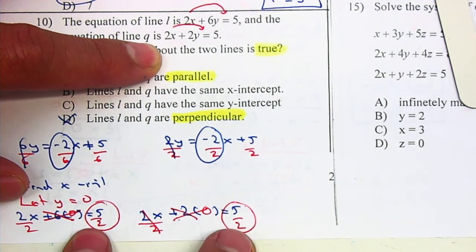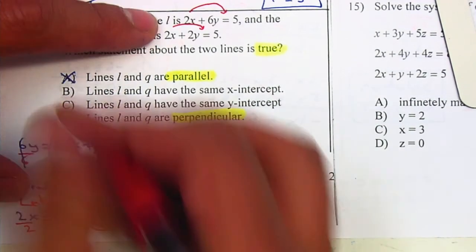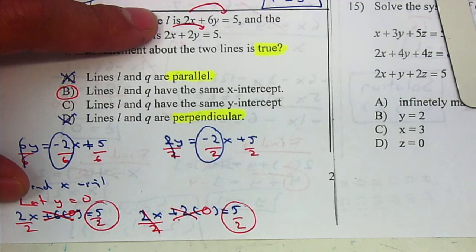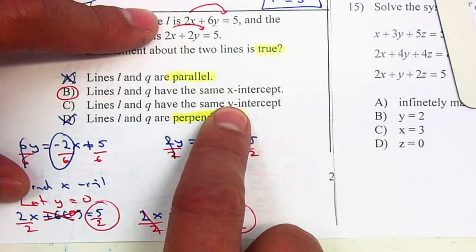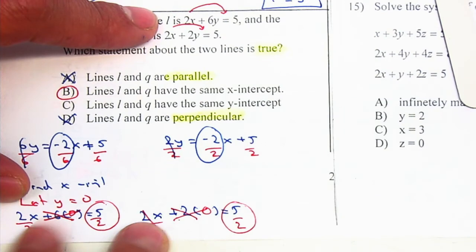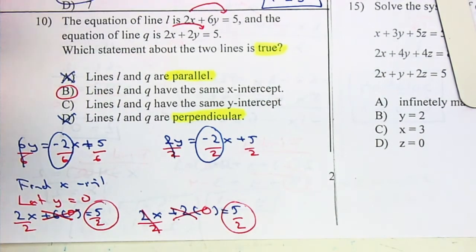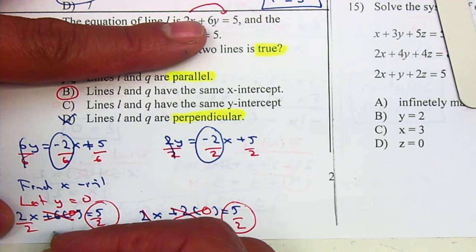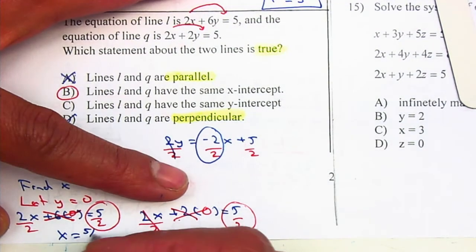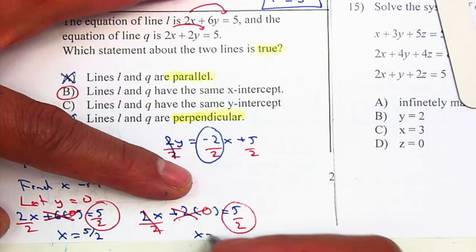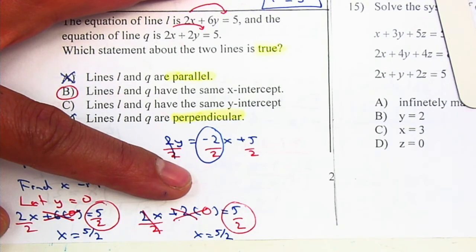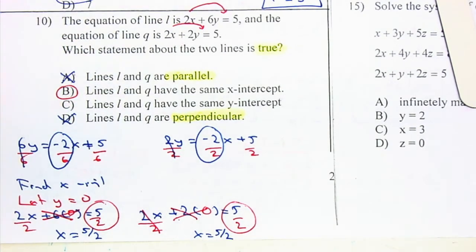Are the x-intercepts the same? Yes. To find the y-intercept, we can let x equal to 0 and do the same thing. But in this case, we find out that the x-intercepts are the same. So in this case, x is equal to 5 over 2. So they both have the same x-intercept.